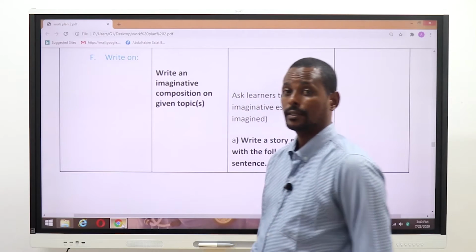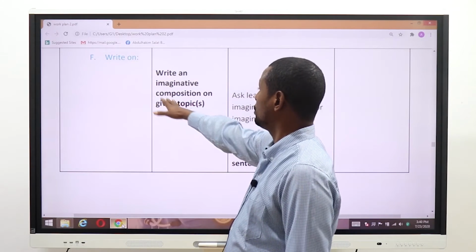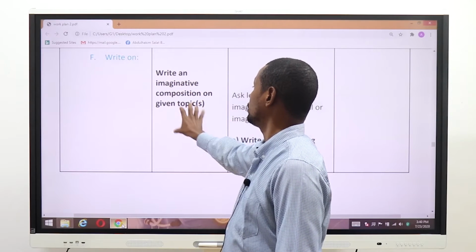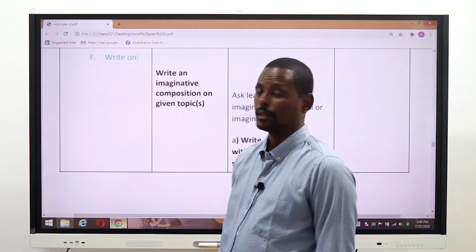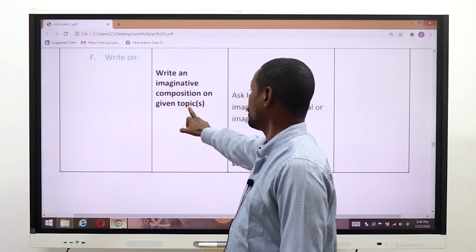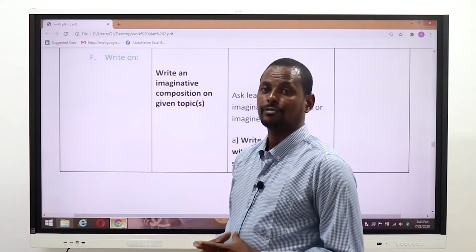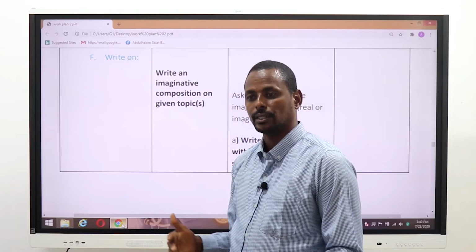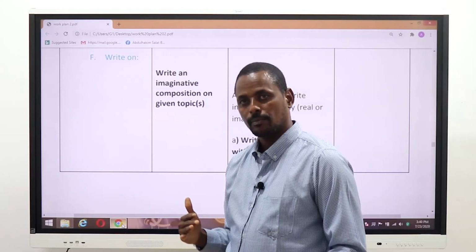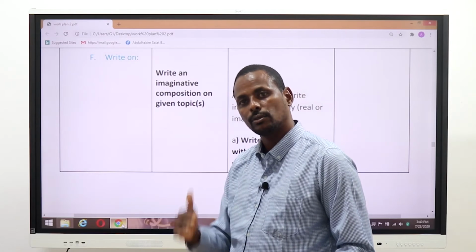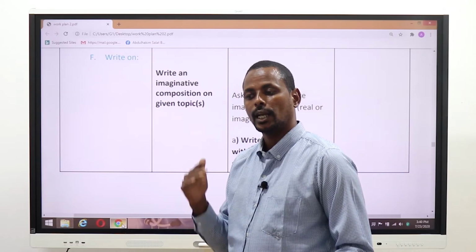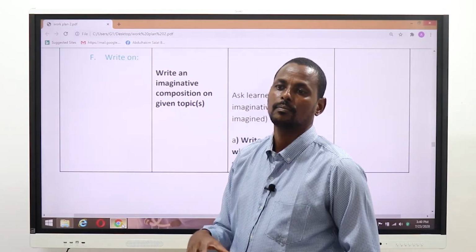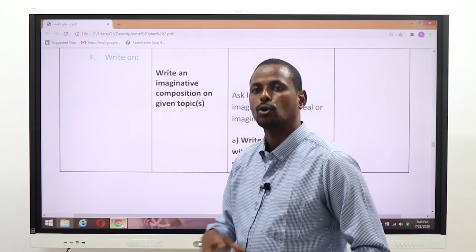The next lesson has an objective: write an imaginative composition on given topic or topics. Meaning, at the end of every unit, we have a writing segment related to what is read, or some imaginative essays which have relevance to what has been studied, either in that unit or a previous unit.